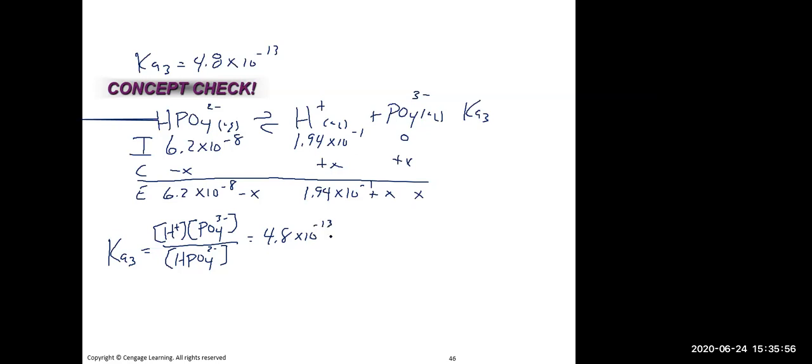So just like we did before, we're going to put our equilibrium values in. When we do that, we get 1.94 times 10 to the minus 1 plus x, times x, divided by 6.2 times 10 to the minus 8 minus x, and that's going to equal 4.8 times 10 to the minus 13.